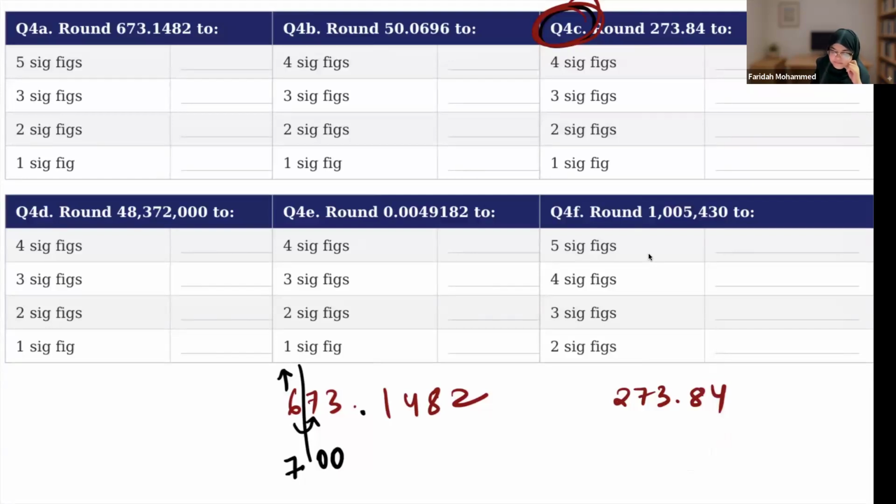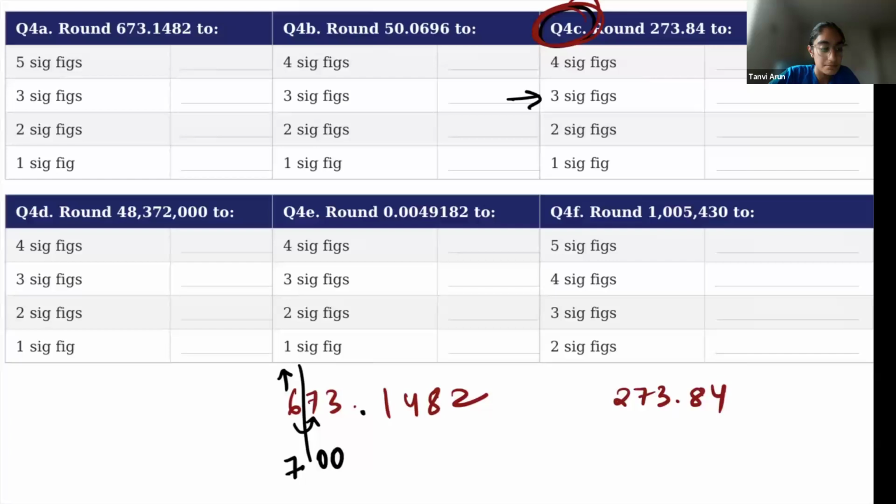Now, 3 sig fig. Okay, Tanvi, let's do 3 sig fig. Where do we put the line? Unmute yourself. Where were you in yesterday's class?